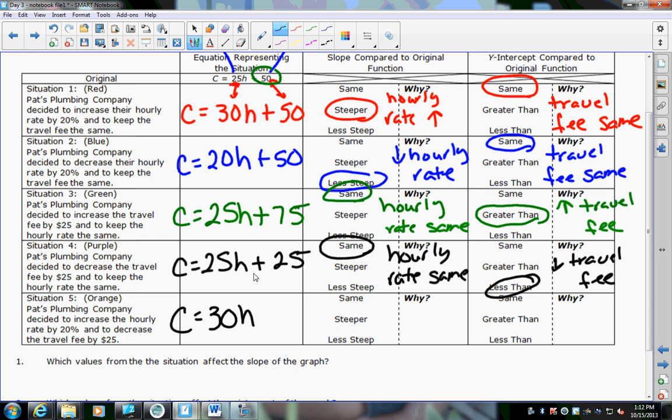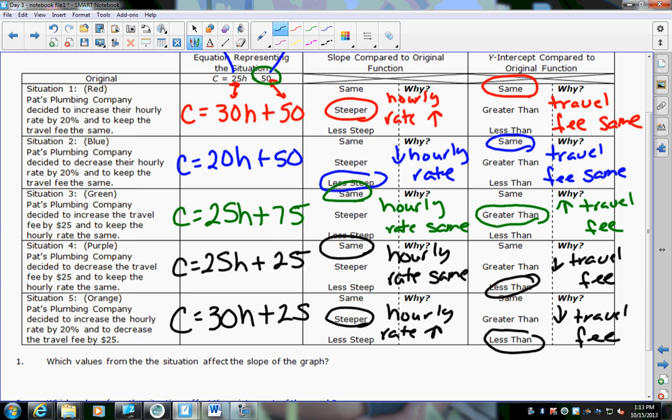So instead of 50, it's going to go down to 25. Well, now this time we made our line steeper. Why? Because the hourly rate increased. And my y-intercept is less than the original because we decreased the travel fee.